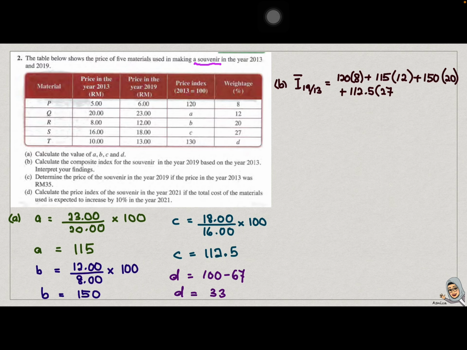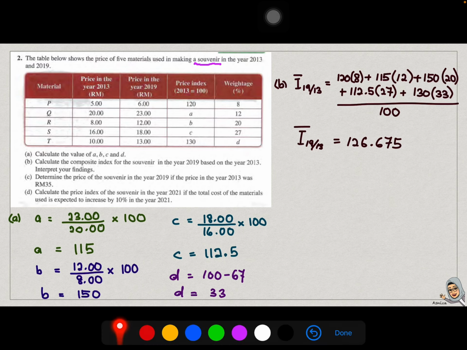The composite index will be the summation of each price index times its weightage: 120 times 8 plus 115 times 12 plus 150 times 20 plus 112.5 times 27, and lastly 130 times 33. Then divide by 100, so we have 126.675 as its composite index.